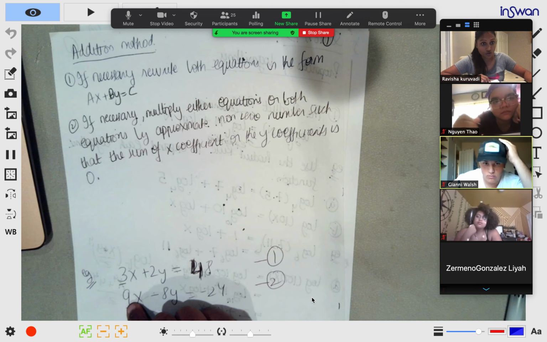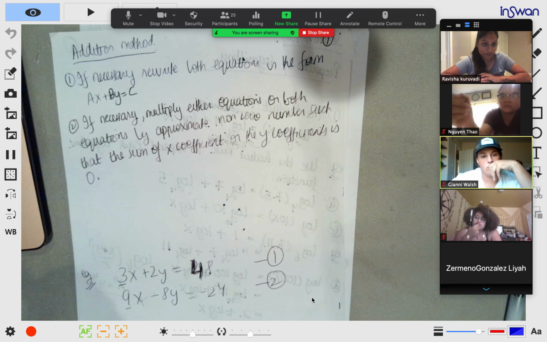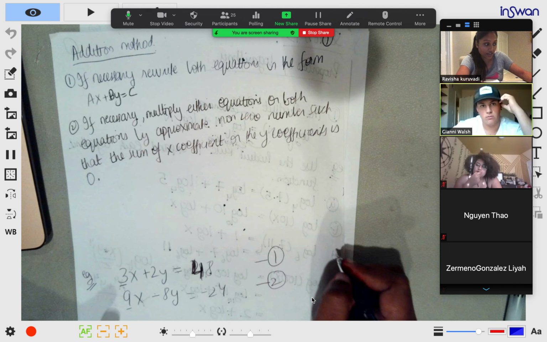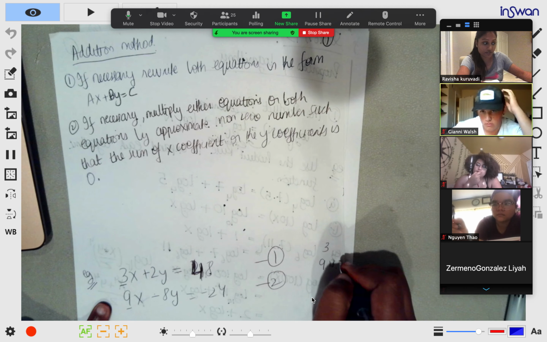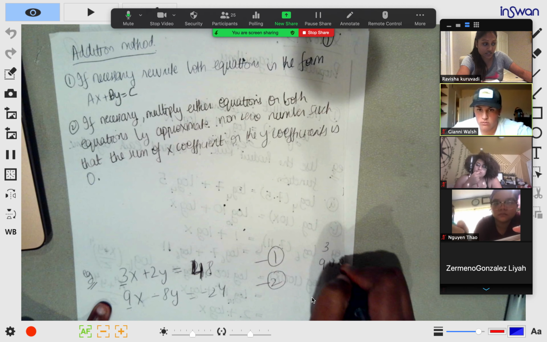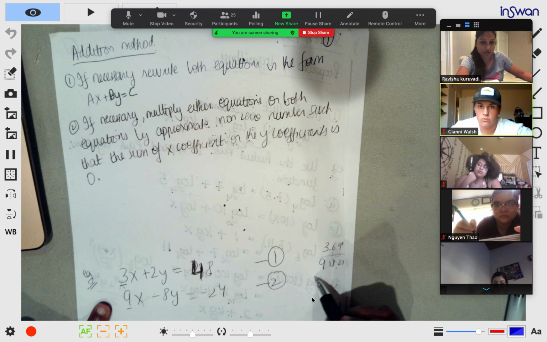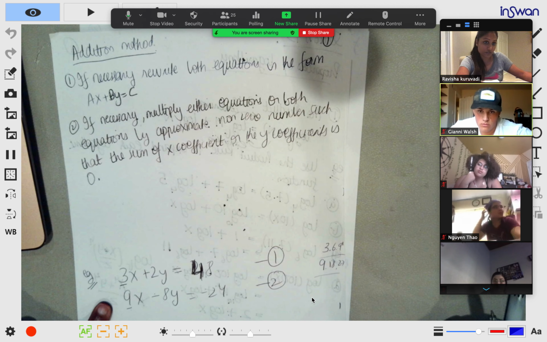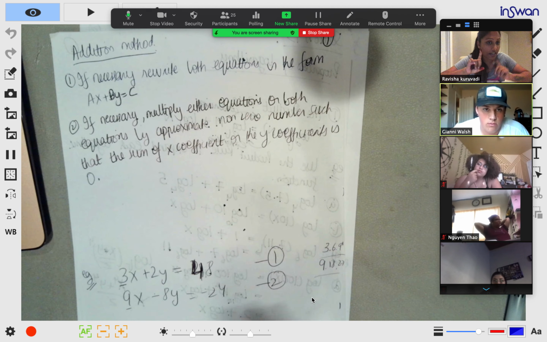What should I multiply the first row or the second row with to get the same number with opposite signs? What's common between 3 and 9?